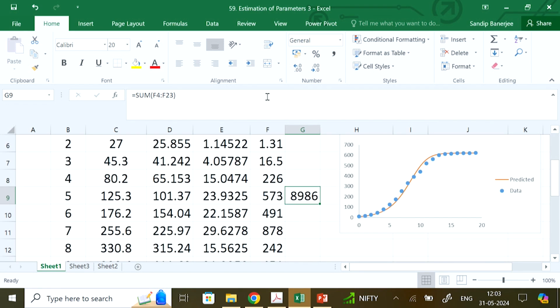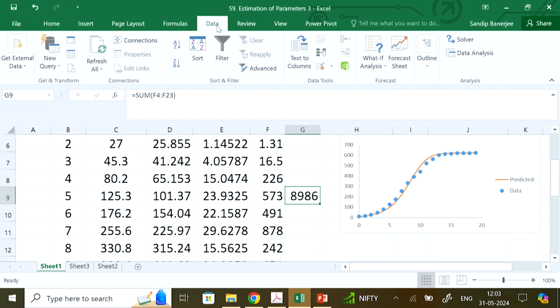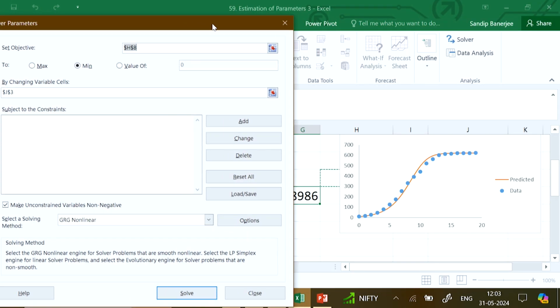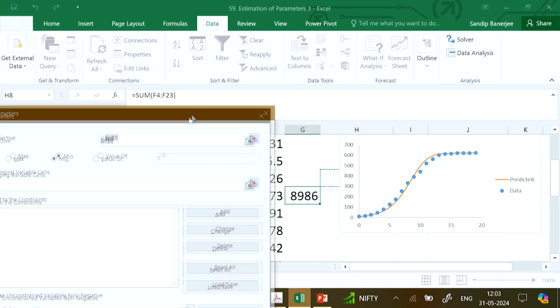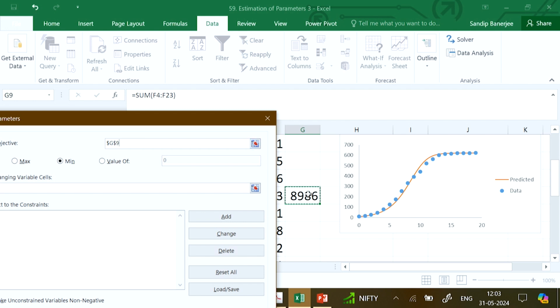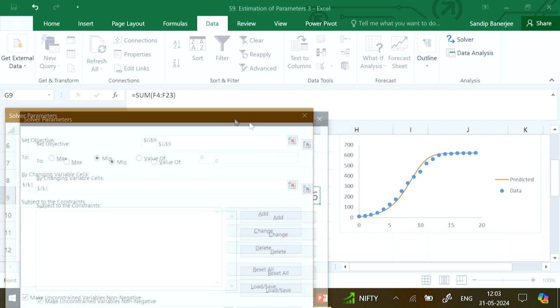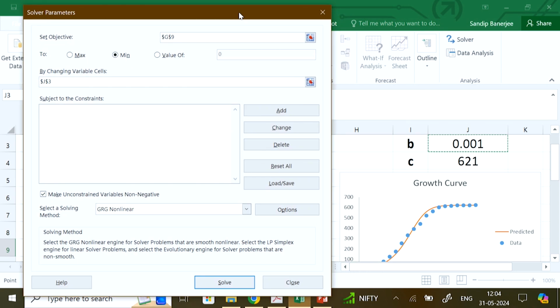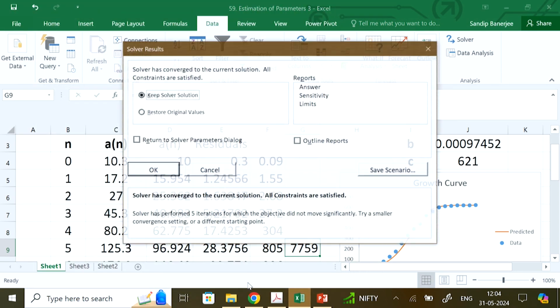But then the technique remains the same. Once you get the sum of the squares of the residuals, you have to minimize this. Go to data, go to solver, and in this objective I choose this cell. I have to minimize it by changing the variable cell, which is B here, and I will click solve.